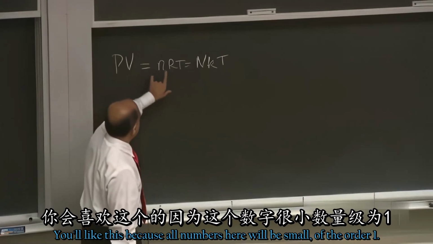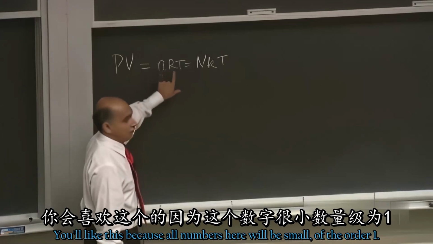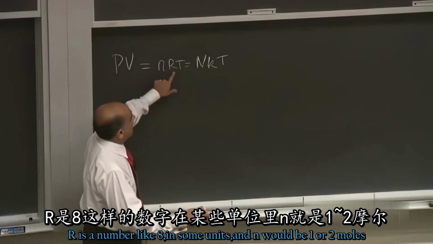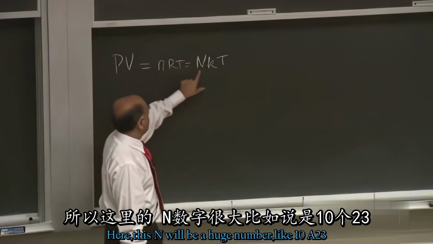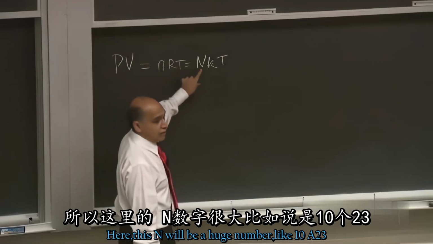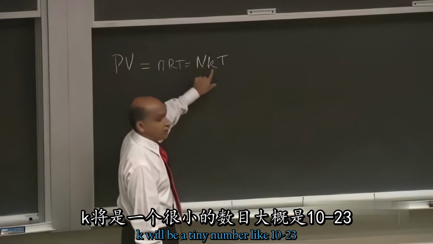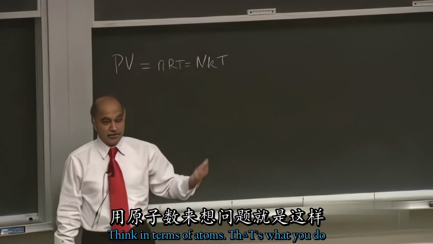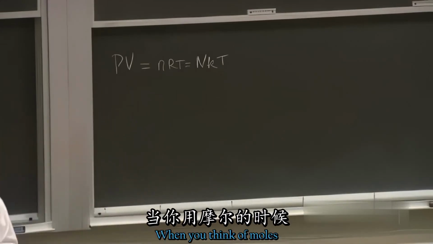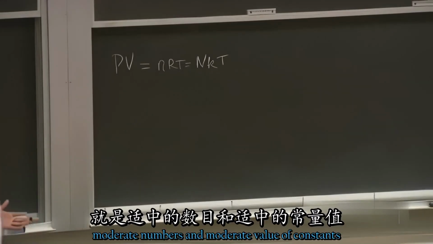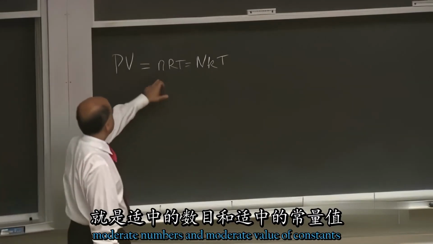You like this because all numbers here will be small, of order 1. R is a number like 8 in some units. N will be 1 or 2 moles. Here, this n will be a huge number like 10 to the 23. K will be a tiny number like 10 to the minus 23. If you think in terms of atoms, that's what you do. Big numbers, small constants. If you think of moles, small numbers and moderate value of constant.